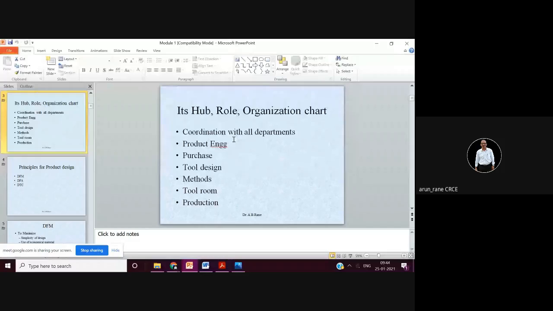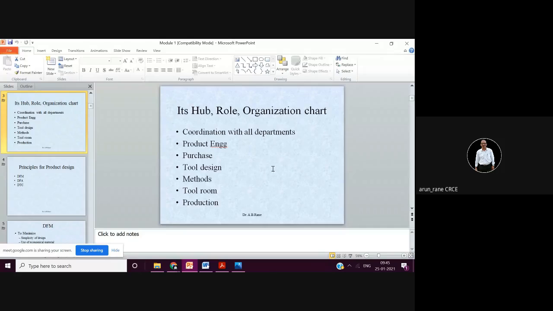This PPT itself will serve as notes, and I'll share some more notes also, which will be helpful. So why is it called the hub of the organization, or what is its role? What do we mean by organization, or what is an organization chart?